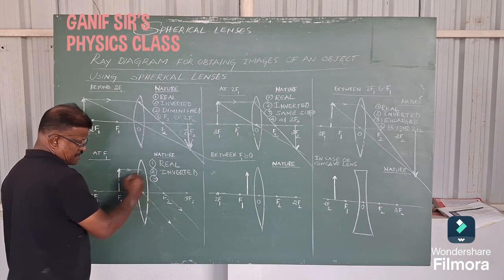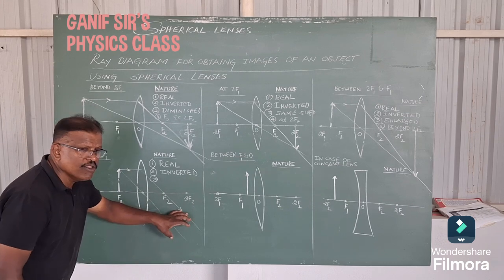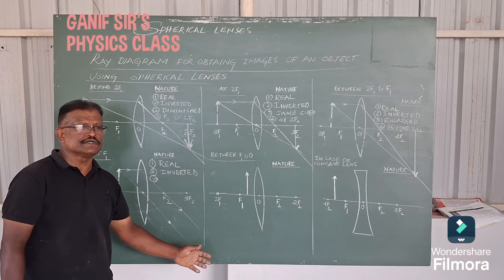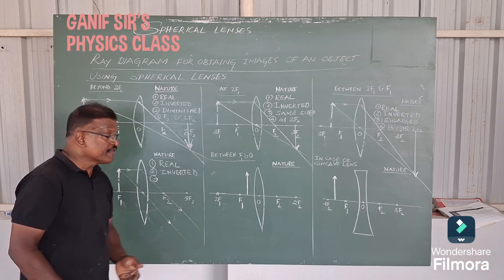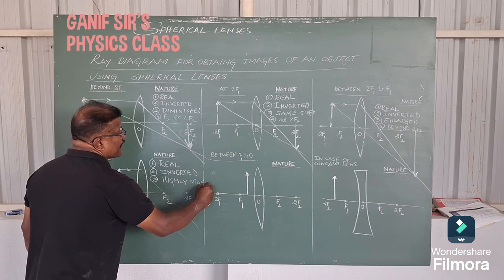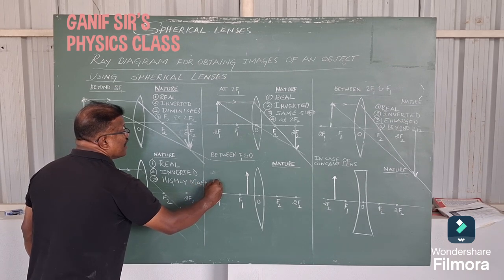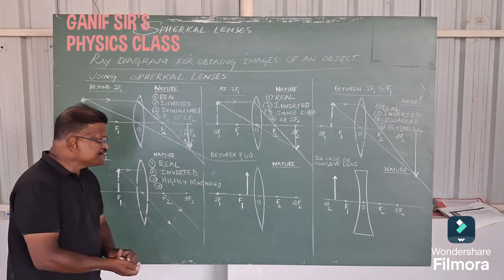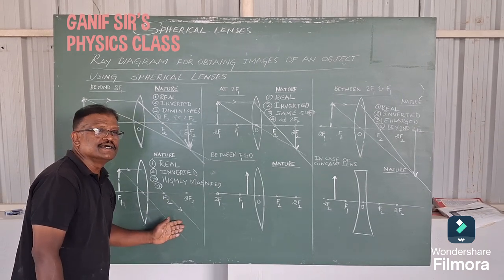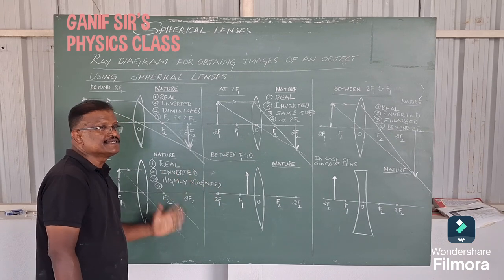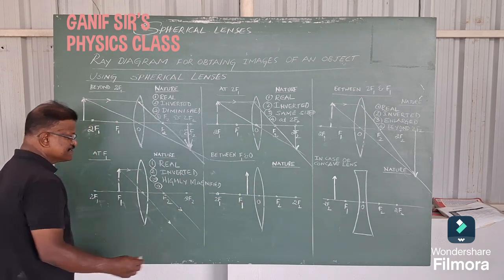Third one is regarding the size. If they are meeting at infinity, of course the size of the image is highly enlarged, highly magnified. And regarding the position of the image, since the size is infinitely large, the distance of the image is also infinitely large.